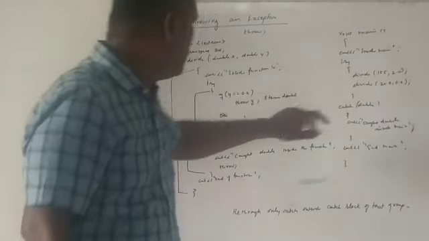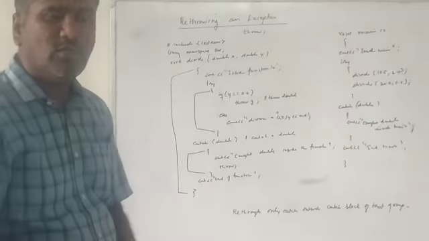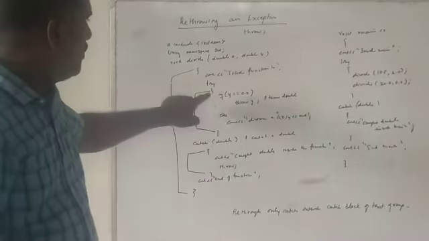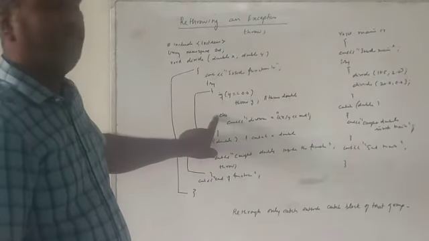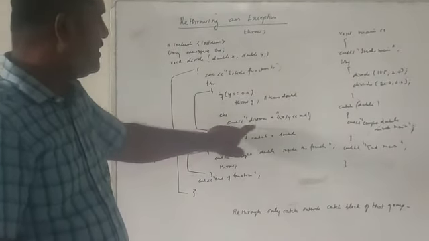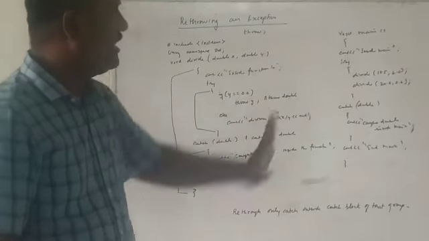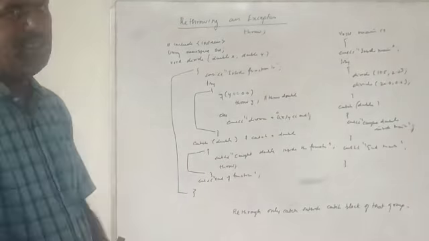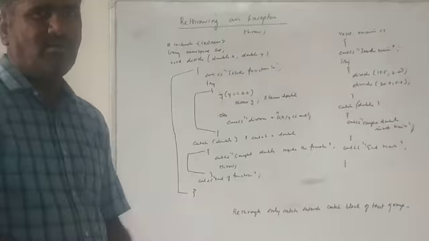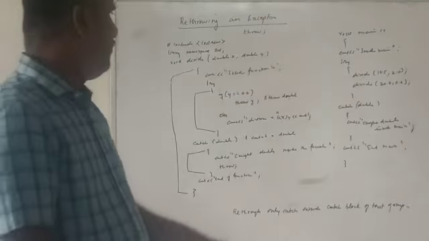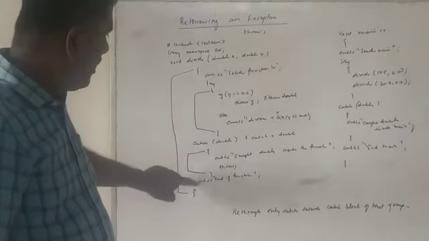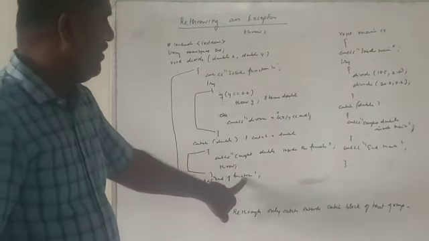Is 2.0 equal to 0? No, 2.0 is not equal to 0, so it comes out here and displays the answer. 10.5 divided by 2.0 gives 5.25. Then we come to the end of the function.